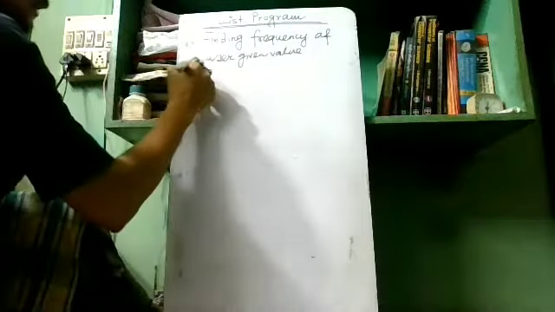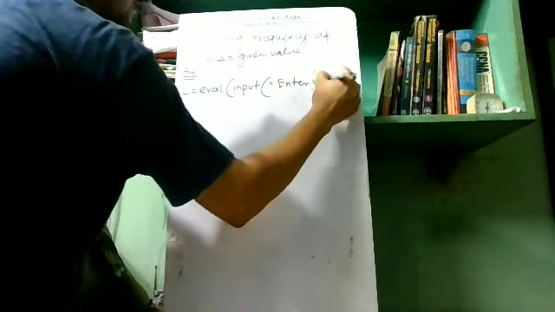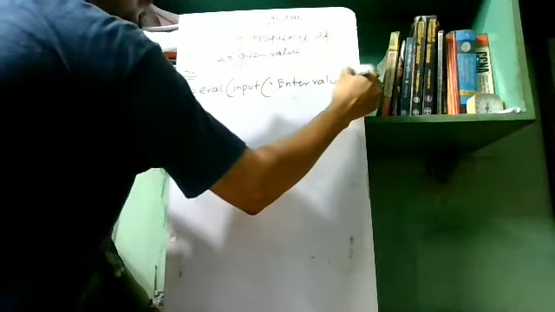So first of all, we are taking a list from user. We are telling user to give values.